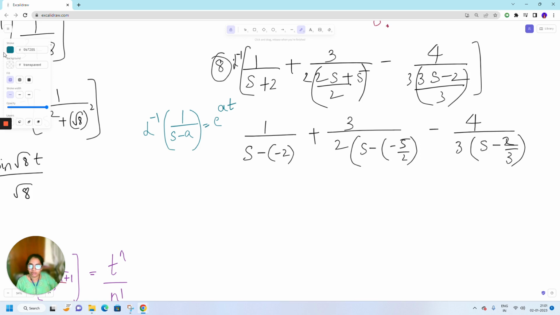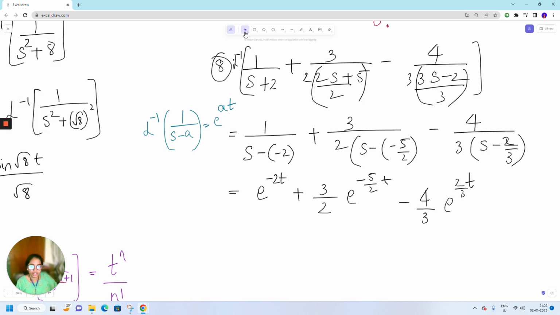So now I would write this as equal to e to the power minus 2t plus 3 divided by 2 e to the power minus 5 by 2t minus 4 by 3 is a constant, and this would be e to the power 2 by 3 into t. Let me write down Laplace here. This is Laplace inverse of the given function.